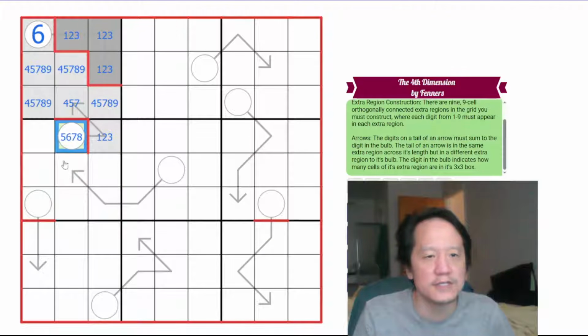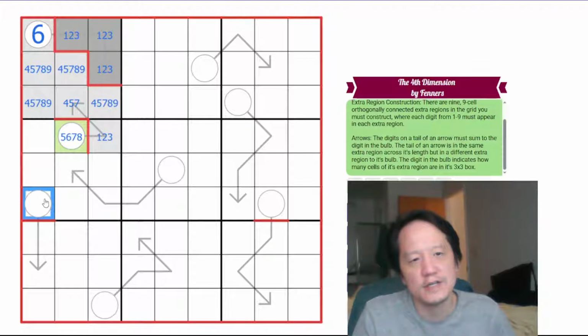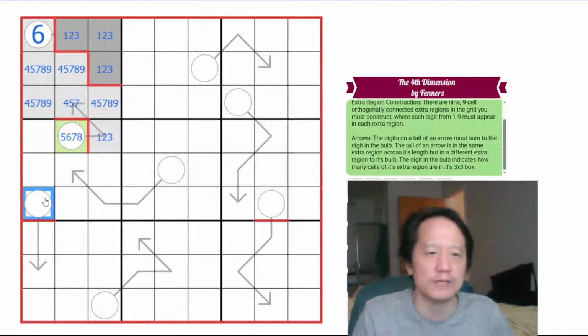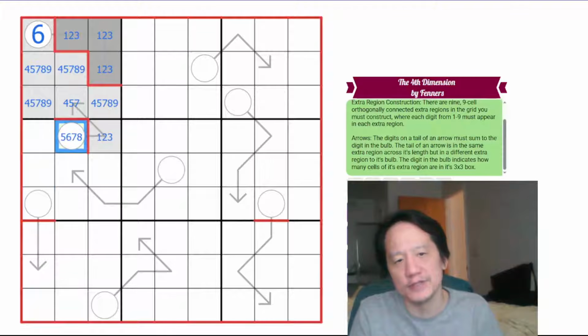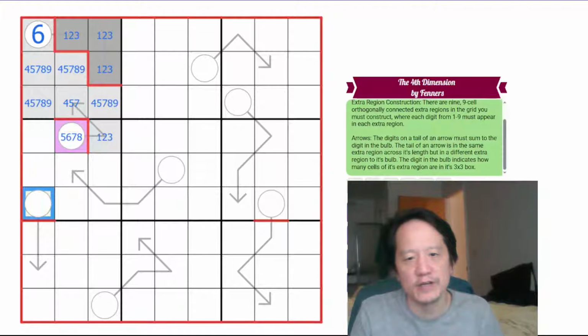Okay, so this cannot be the same region as this. If this were the same region as this, the problem is that they would both be the same digit, and you would be in the same box and the same region with the same digits. So this cannot be the same region. We're going to make this pink now then, and this is green.